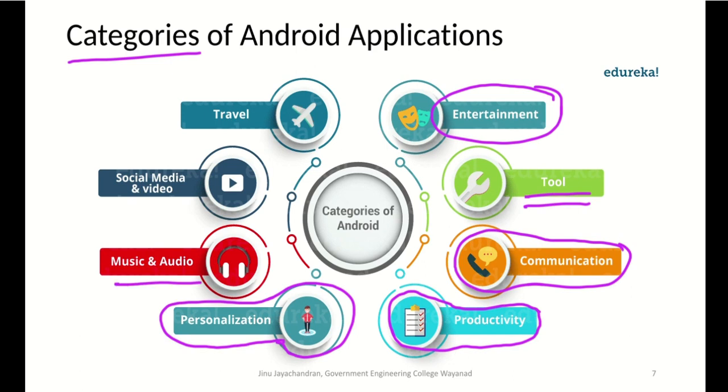Music and audio, like Ghana, Raga, and extra different music applications that are available in Android. Social media and video, that is Facebook, WhatsApp, etc. And travel, like Make My Trip, Clear Trip, etc. IRCTC is another one, and almost all the local governments have their own apps for bus timings, etc.